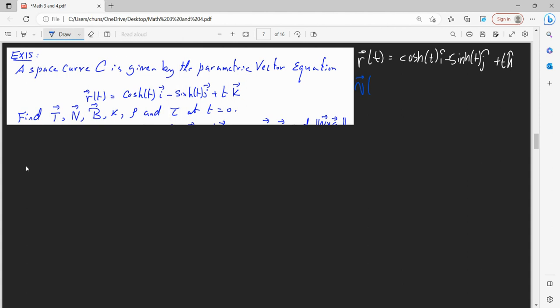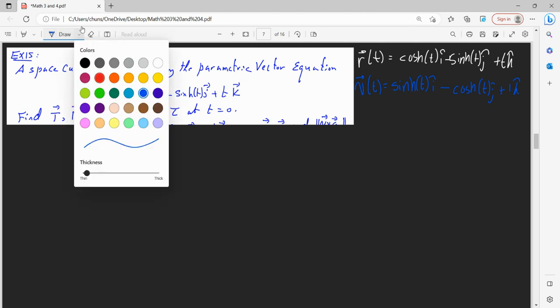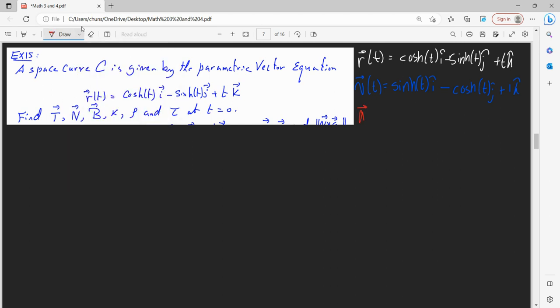So the derivative of cosh is sinh, and this is negative cosh plus 1k. We take acceleration, that's cosh t minus sinh t in our j direction plus 0k.